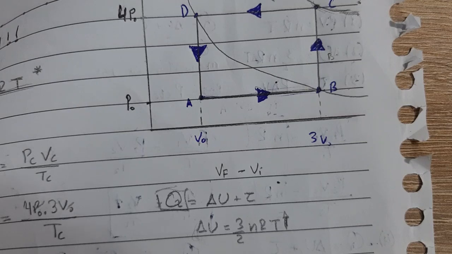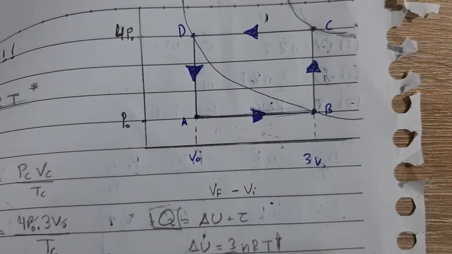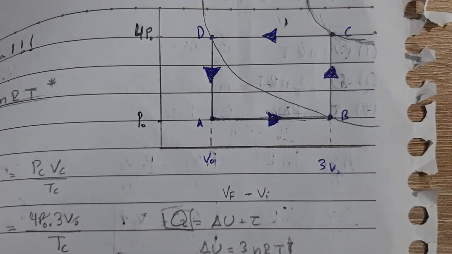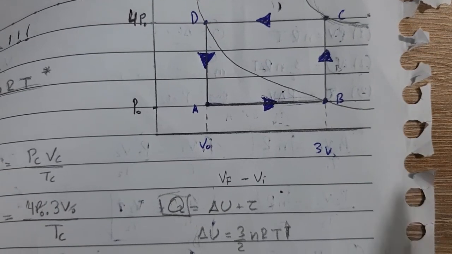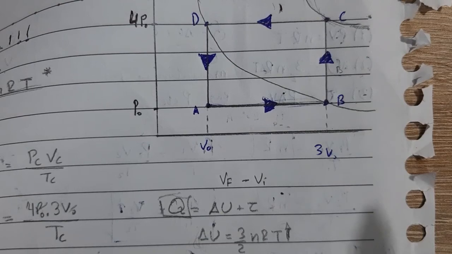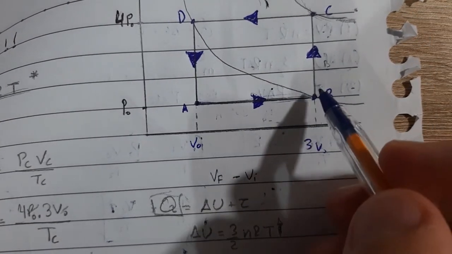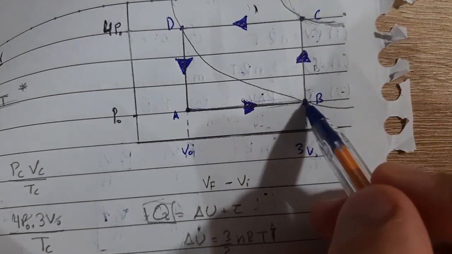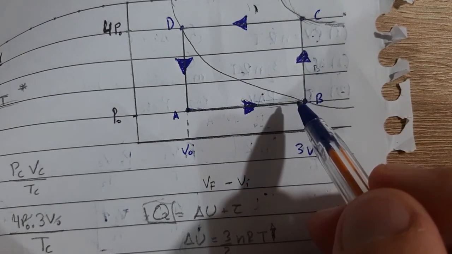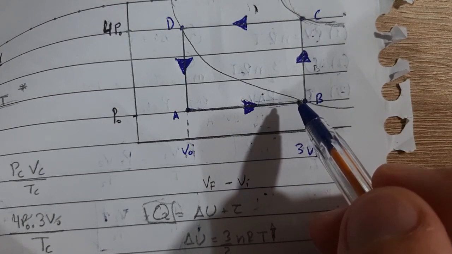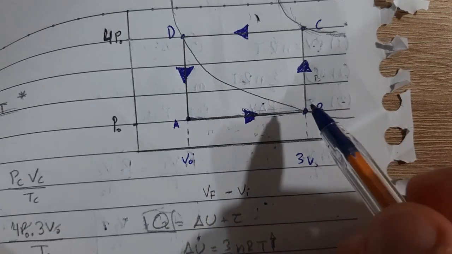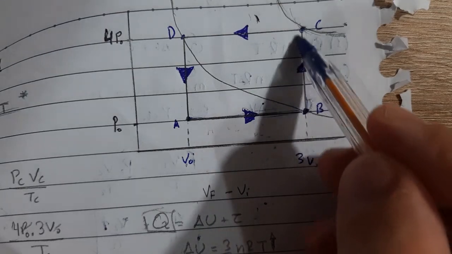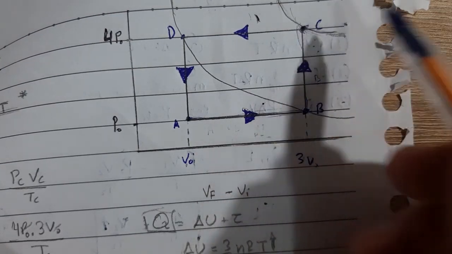So it might not be so obvious by just analyzing, so we're going to solve it by math and physics, okay? But the thing is that from B to C, you're not doing any work, and all the energy is growing and the temperature is going up.